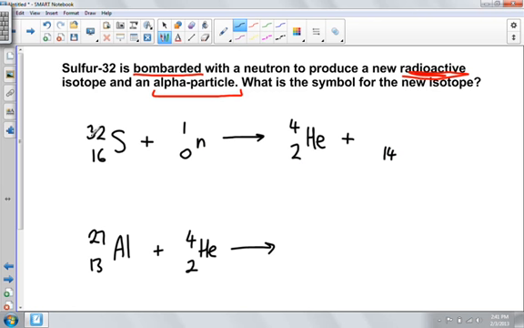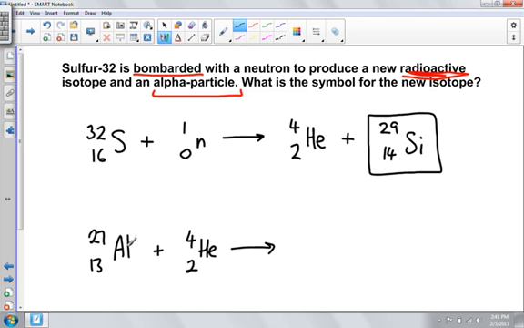And then the same thing here. 32 plus 1 is 33, is the same as 4 plus 29, so that must be our mass number up there. Now the element that has an atomic number of 14 is actually silicon, and so what we've done is write the symbol for the new isotope.